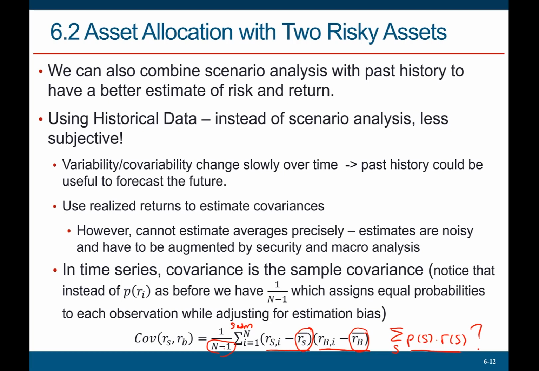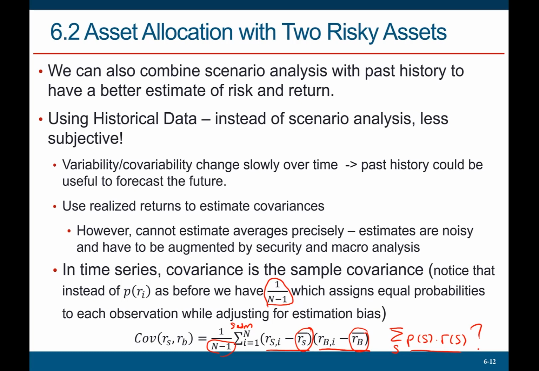And then we're going to divide the sum of these products by n minus 1, which is something that you probably know from your AP stats or your business stats class. Why? Because we are working with sample data, so we need to adjust for an estimation bias when we estimated the means. But that's, of course, not going to be a question on the midterm.